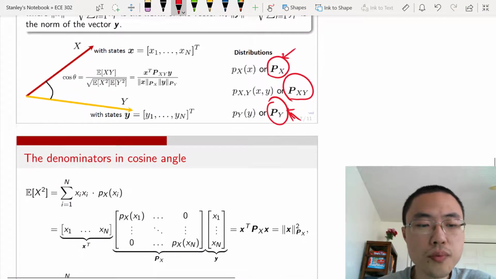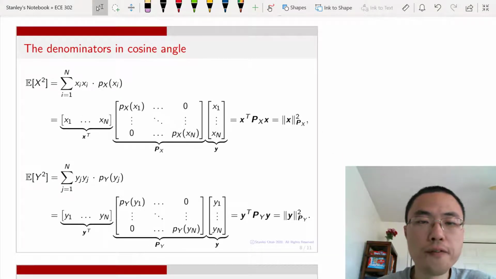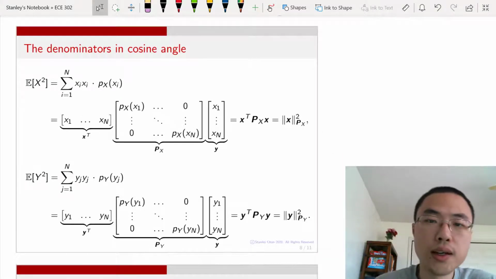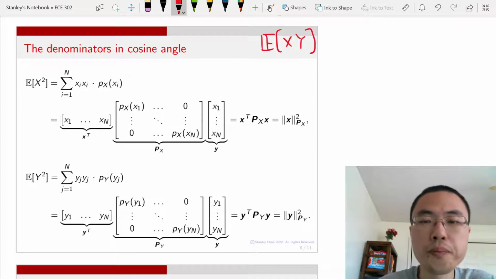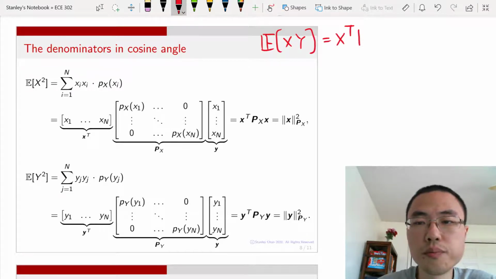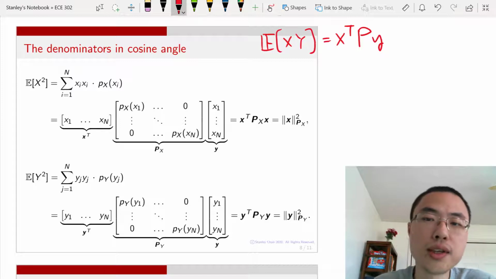So let us think about what we want for the joint expectation. Remember that it is the expectation of x and y. That is defining the inner product of x, P, and y. This thing itself is not yet the cosine angle.